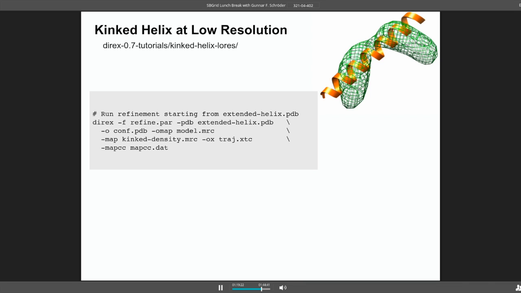That means it writes every step of the fitting trajectory into a file, and then you can later look at how the model moves during the fitting procedure. This is typically really helpful if you want to find what's going on and what's maybe wrong with the settings, and it gives you a much better feeling for what's really happening during the refinement.